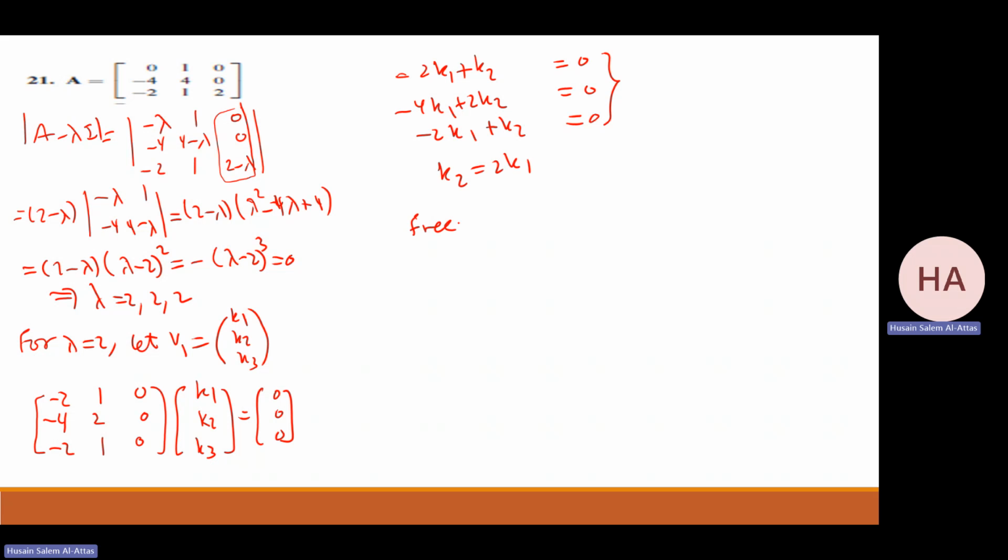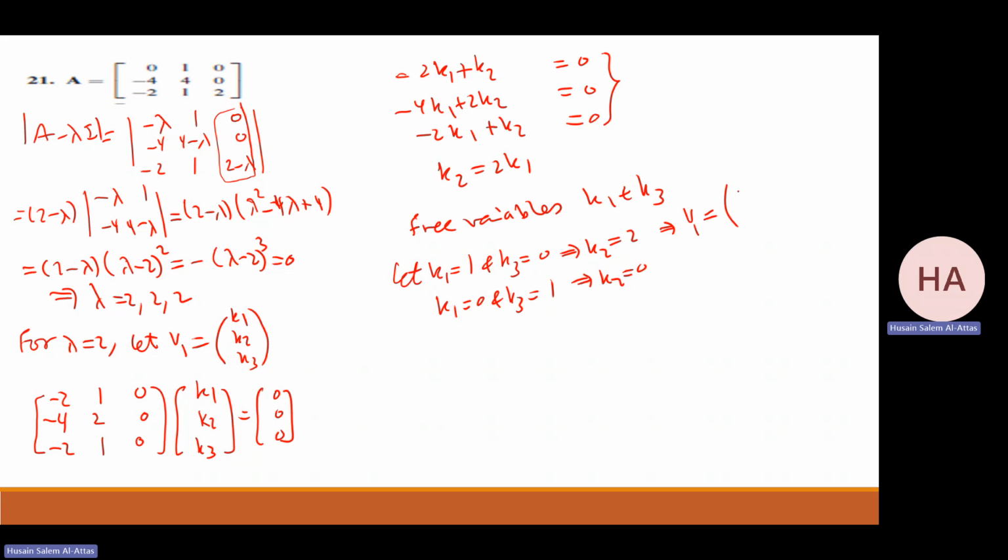So what are the free variables? K1 and K3, because there's no restriction on K3. So I let K1 equal 1 and K3 equal 0, and K1 equal 0 and K3 equal 1. What will be K2? It will be 2, and here it will be 0 because it depends on K1 only. So V1 is 1, 2, 0, and V2 will be 0, 0, 1.